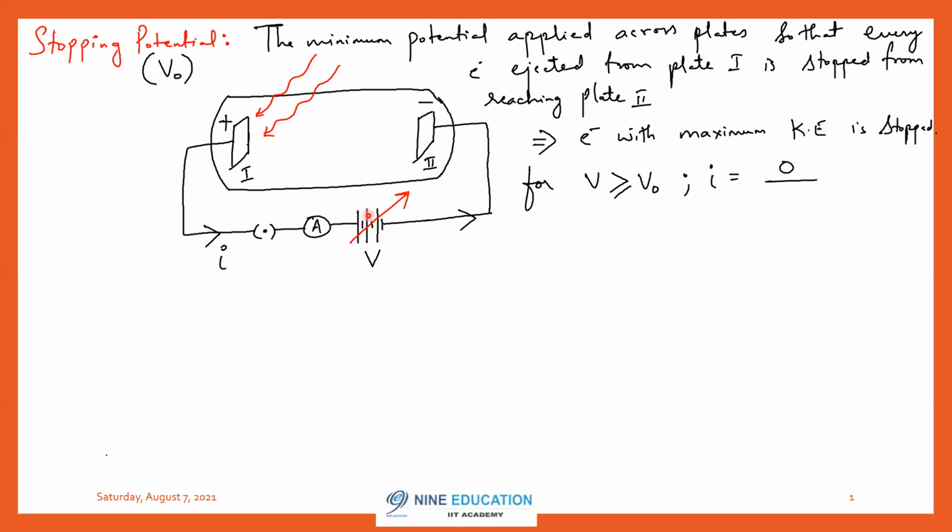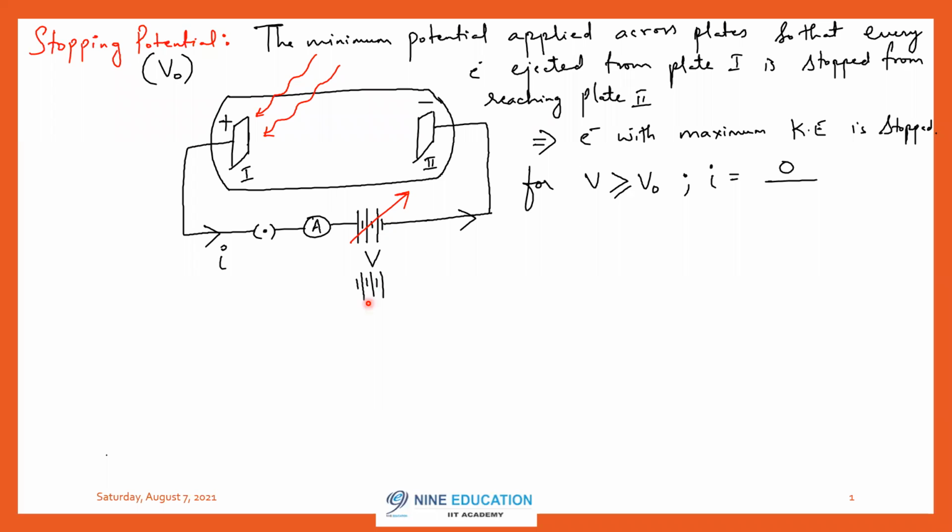But if this polarity is changed, assume it is like this, there is no concept of stopping potential at that time, because this potential is aiding the flow of electrons. This potential is supporting the flow of electrons.